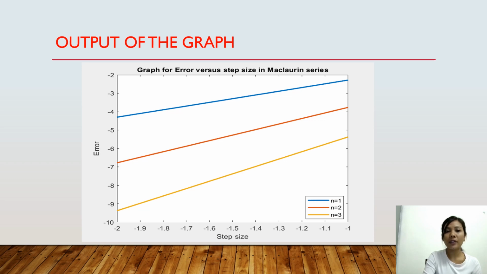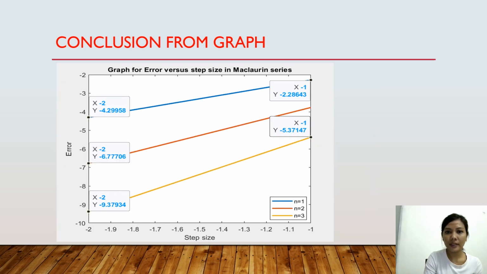So from this graph it is clear that if we increase the number of terms, the error decreases, and if we increase the step sizes, the error increases. Now let's see what important conclusion we get from this graph. For different values of n, we get these linear curves, and we can easily find the slopes of these three different curves.